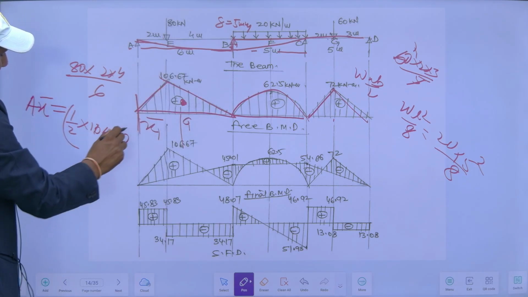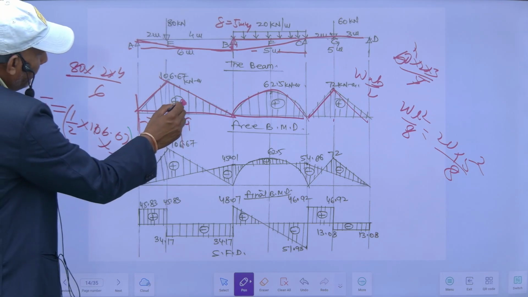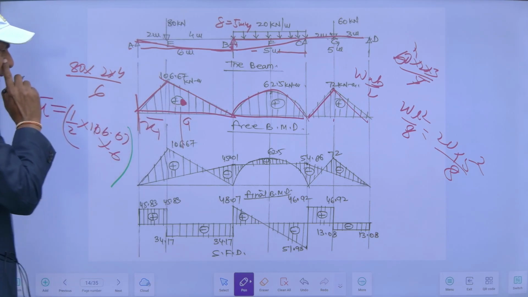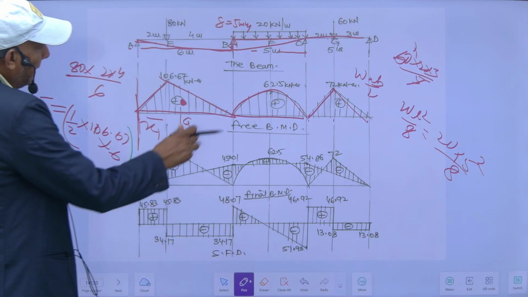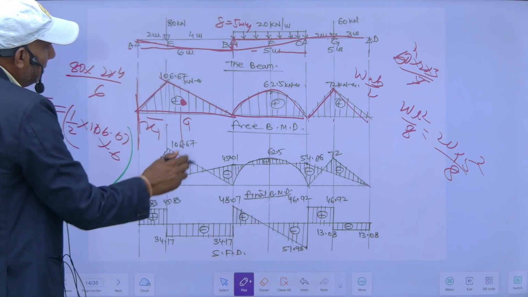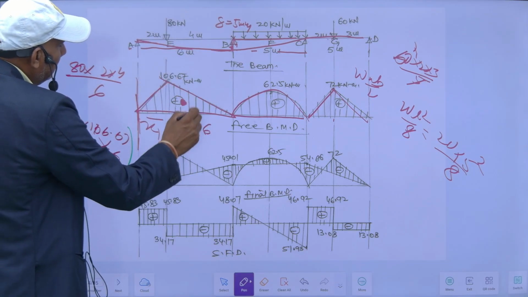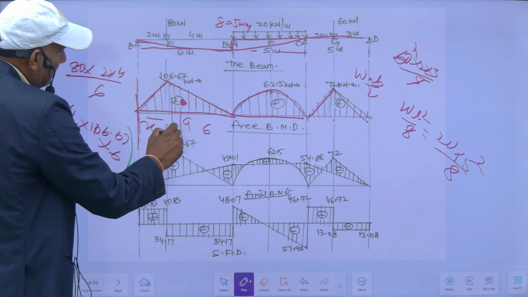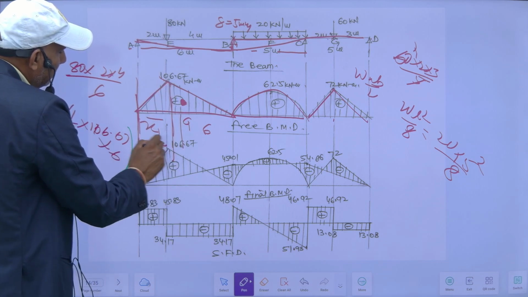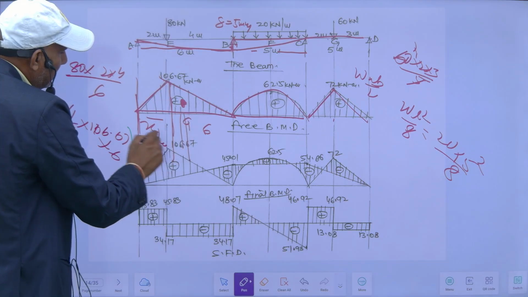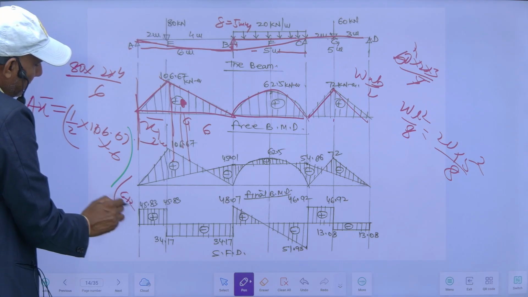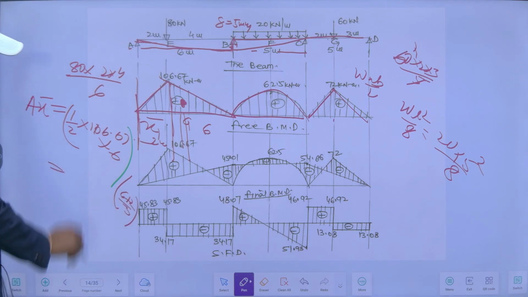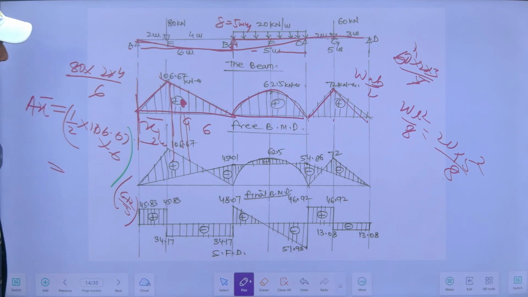X bar will be the distance of the centroid from this point. This will be L plus a by 3. The total is 6 meter and this distance is 2 meter, so this centroidal distance will be 6 plus 2 by 3. With this I will get A1 x1 bar.